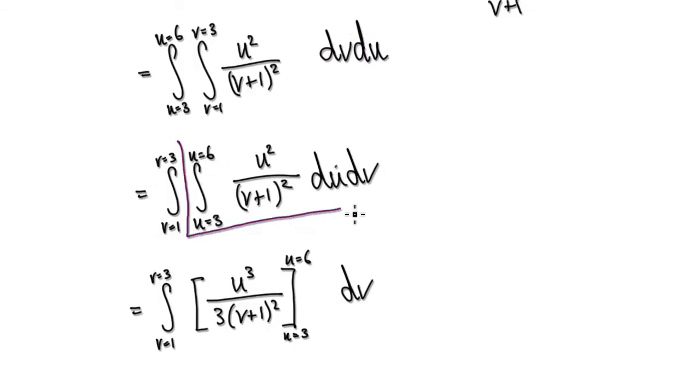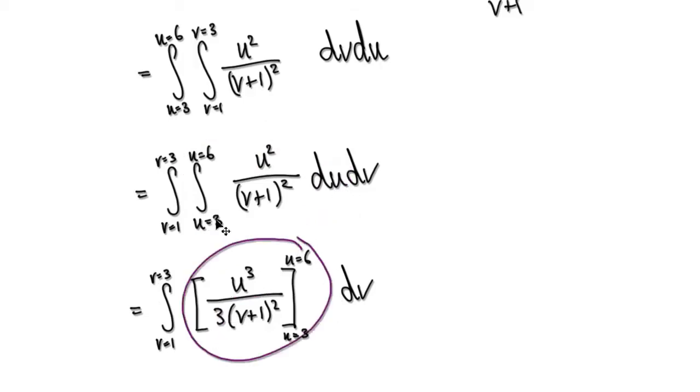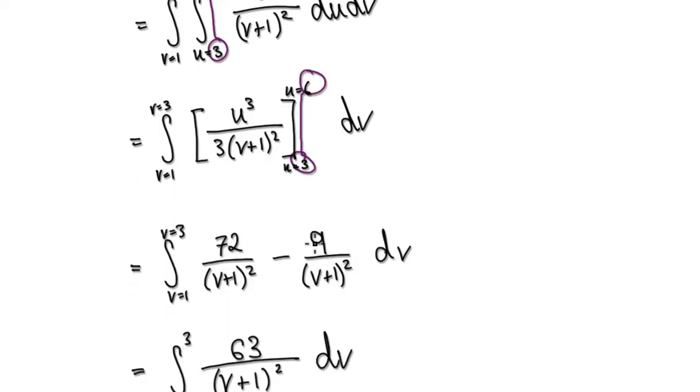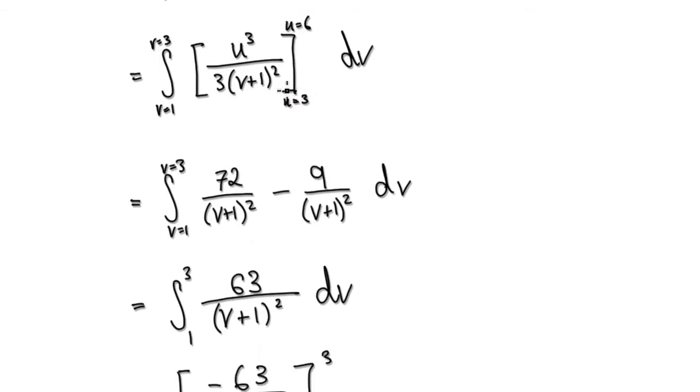It's nice and simple. It's just to the power 3 divided by 3. That will give us this, and we're integrating from 3 to 6. So we put 6 into here, take away, put 3 into here. That will give us this. Tidy this up, and that will give us this.